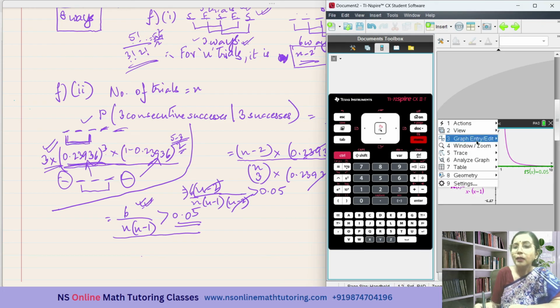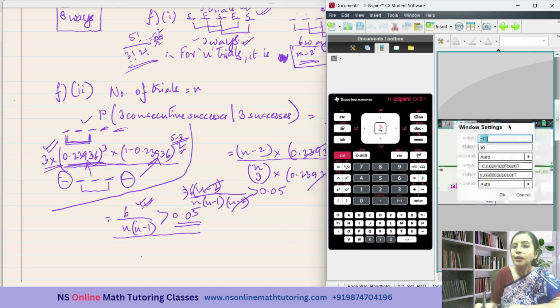So menu and then settings, and let the x min and x max stay, and this can be 0 and this can be 0.5.